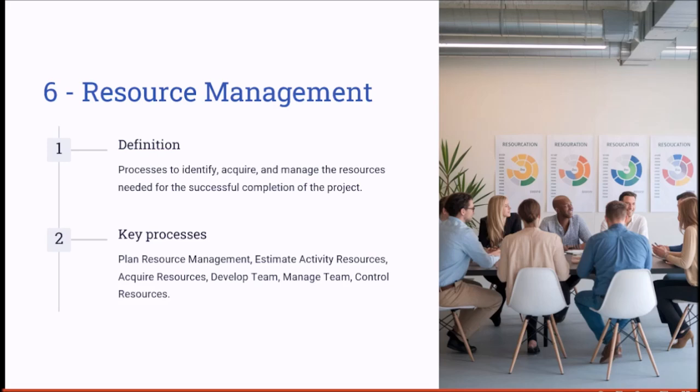The next key process is that you have to manage the team. So you can track the team member performance, provide feedback, resolve any issues, and manage team changes to optimize the project performance. The final key process involved in project resource management is controlling the resources.